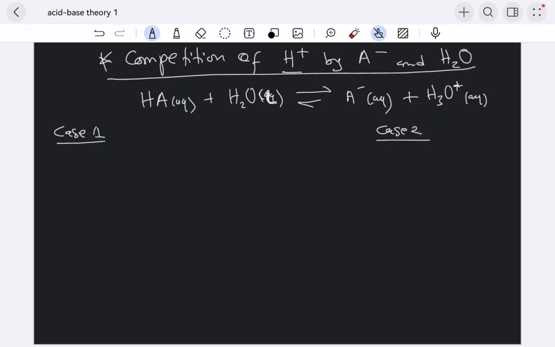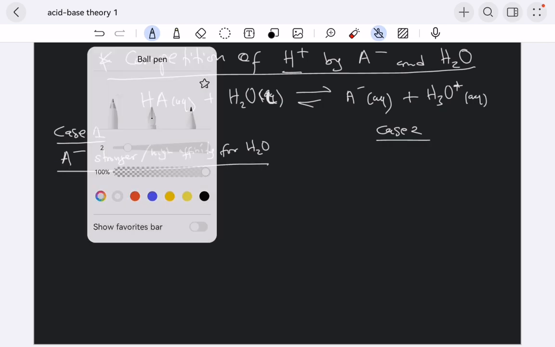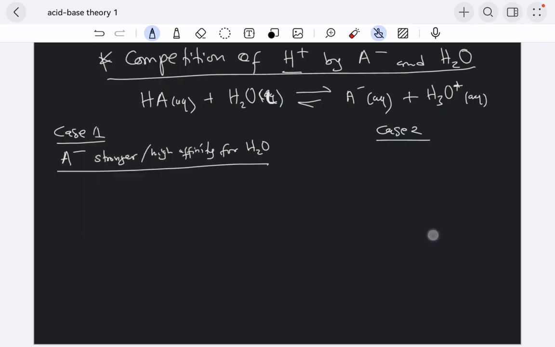Case 1 happens when we have A negative stronger, or with a high affinity, for H positive compared to H2O.